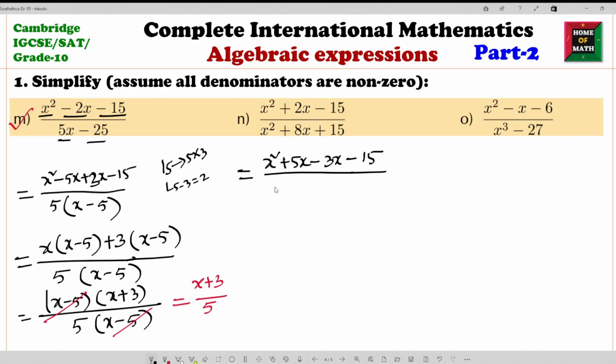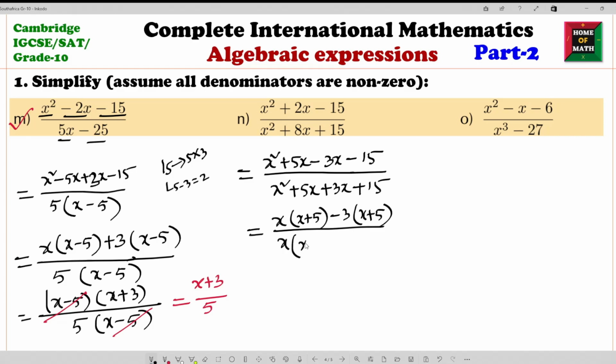In the denominator, x square plus 5x plus 3x plus 15. 5x plus 3x means 8x. Now take common x, so x plus 5 minus 3 common, again x plus 5. Denominator x plus 5 plus 3, again x plus 5.